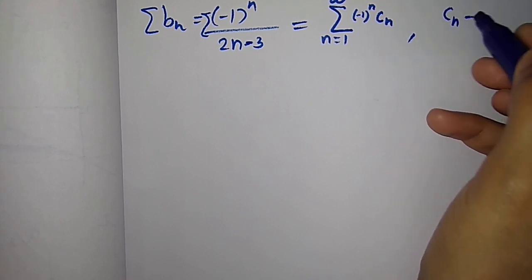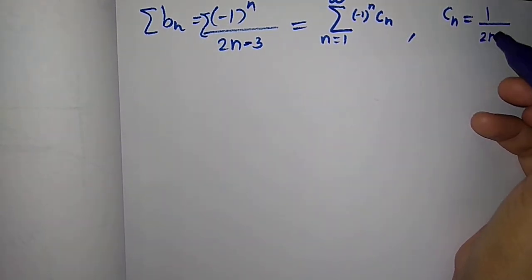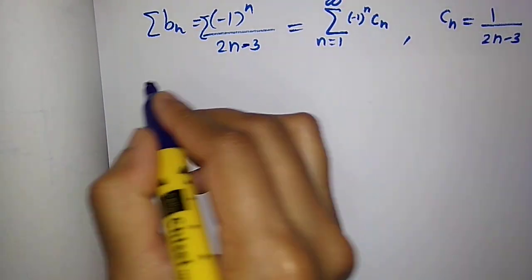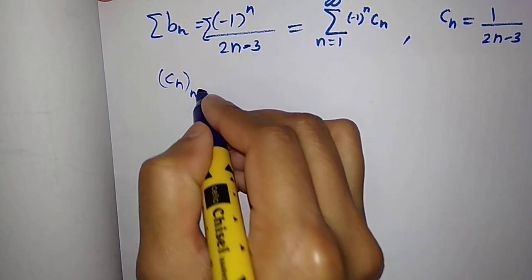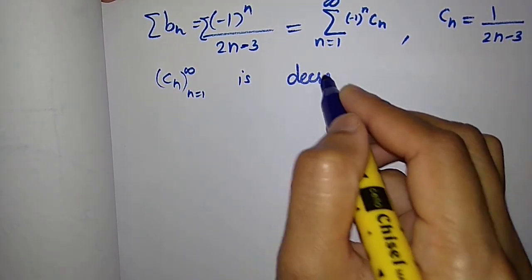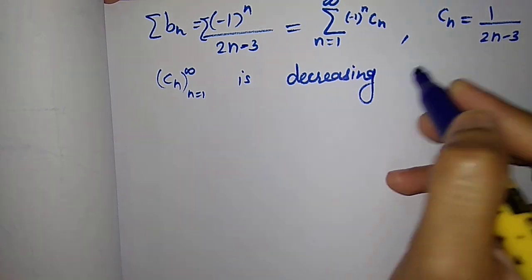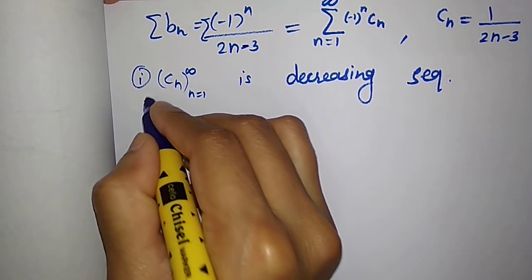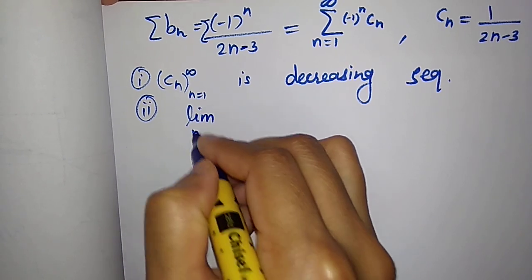That means in our case c_n is equal to 1 by 2n minus 3. So by the Leibniz test, we must have that c_n, n runs from 1 to infinity, is a decreasing or non-increasing sequence, and the limit of c_n must be 0.